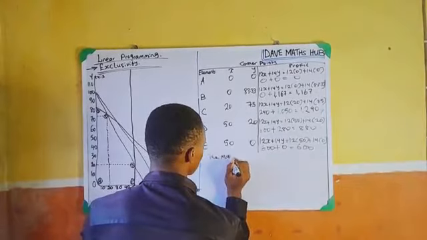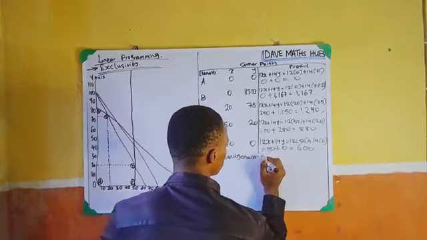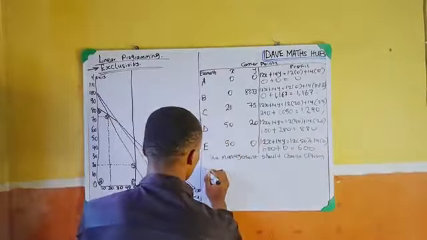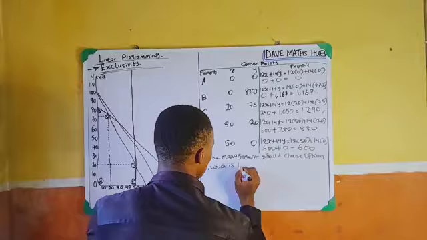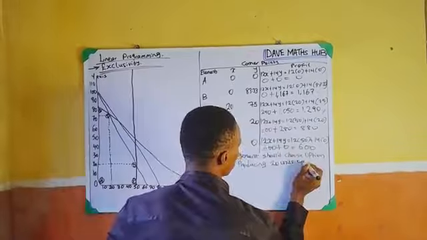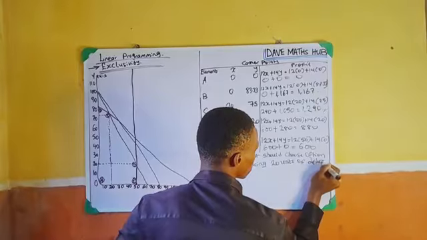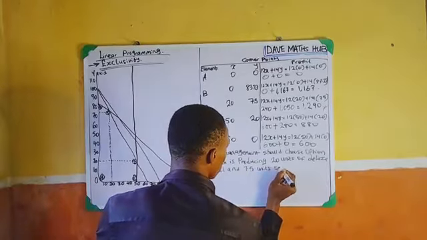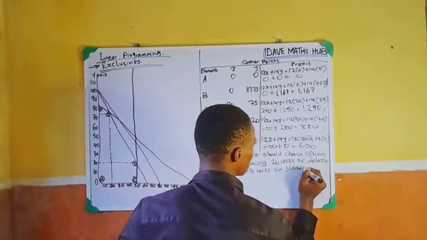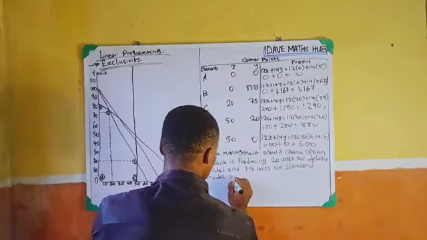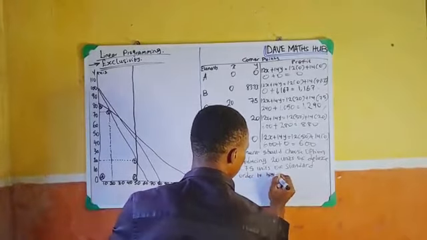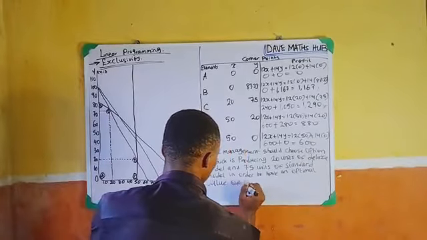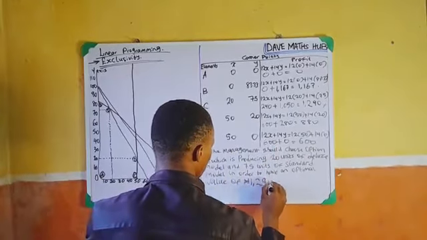The management should choose option C, which is producing 20 units of X, representing the deluxe model, and 75 units of Y, representing the standard model, in order to have an optimal value of 1290.